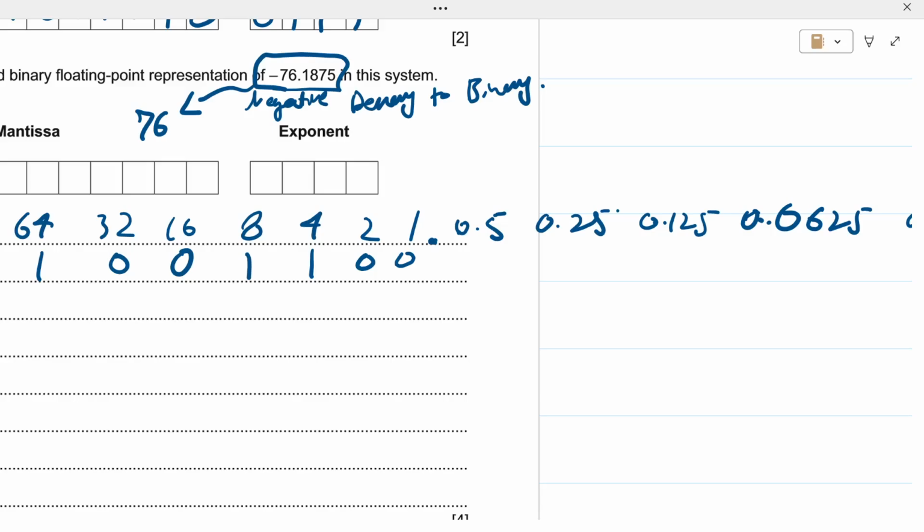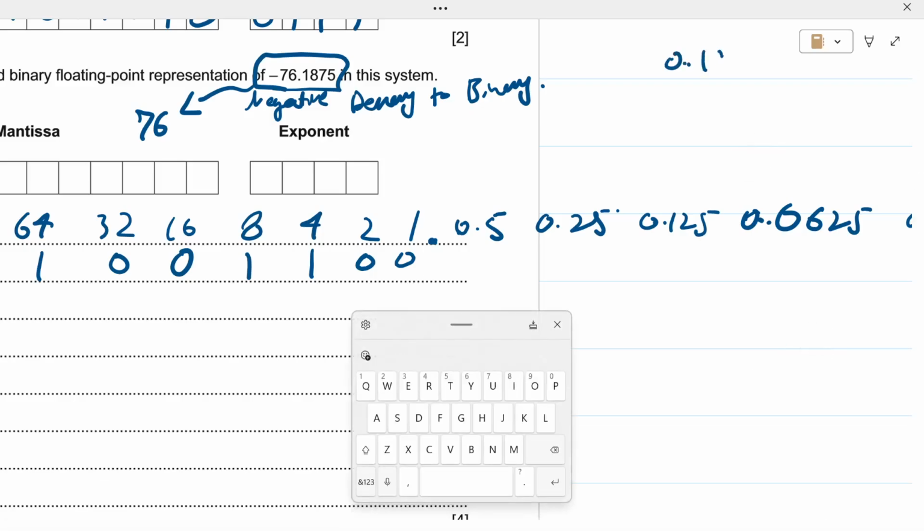Now, 0.5 is way greater, right? Then what is it that you're going to be using? What is the closest to 0.1875? It would be, I think, 0.125 plus 0.0625, right? And that gives you... no, that's not it.